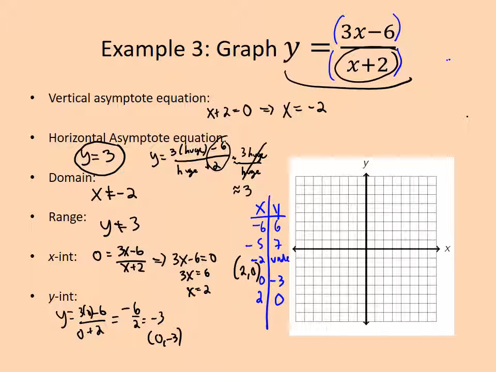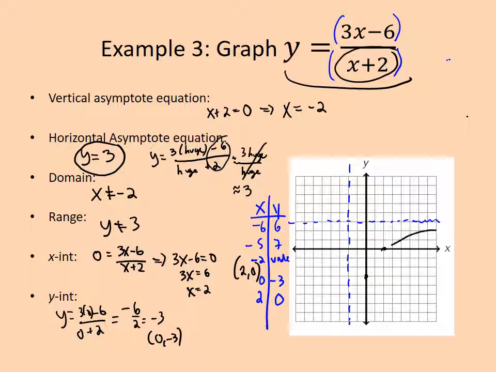So I'm going to dot my asymptotes. So here's x equals -2. And I'm going to dot my horizontal asymptote, which was y equals 3. And I'll graph my two x and y intercepts. So I have (0, -3) and I have (2, 0).